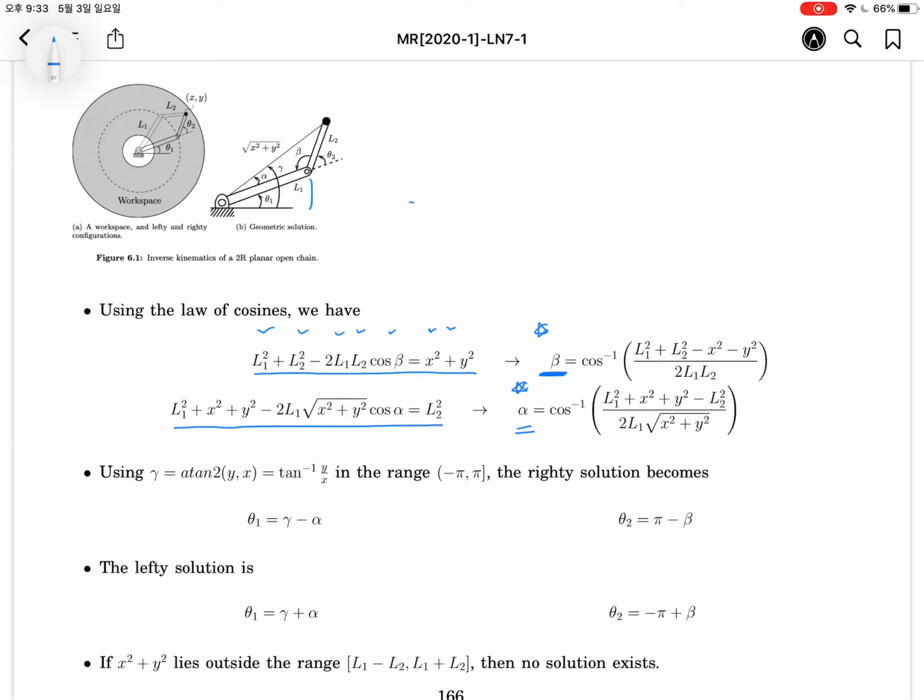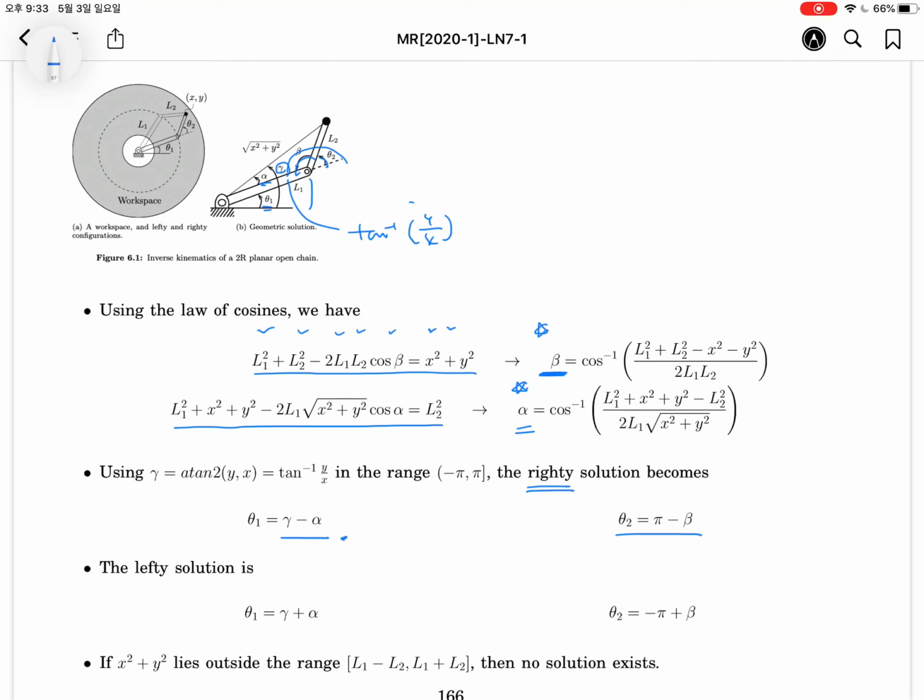Maybe θ1 will be gamma minus alpha. Gamma can be obtained as the arc tangent of y over x from the end effector. So we have this equation. On the other hand, π minus beta will be equal to θ2. So we have this one.